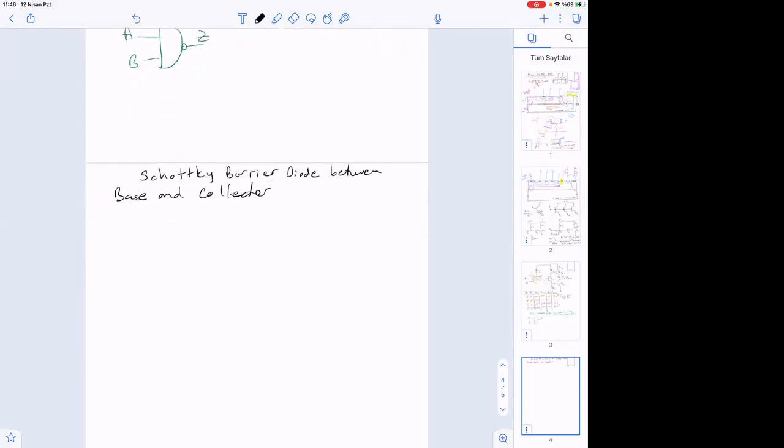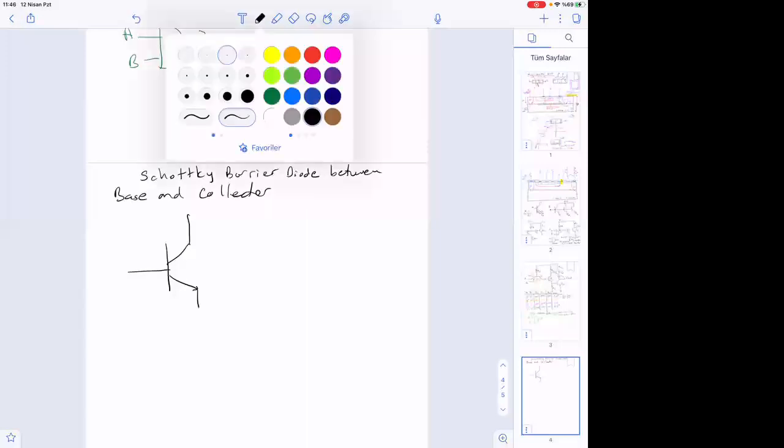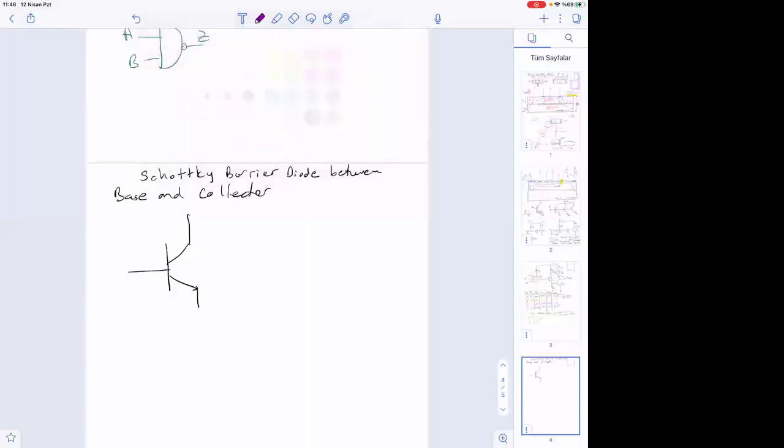So for our, let's say, this is not multi-emitter, just to simplify things here. We have here a diode, but this diode is, you know, we show this one in this case like that.